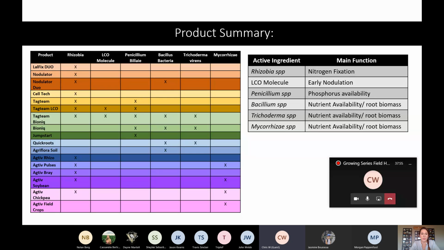Okay, thank you. Also, typically with a granular inoculant, it'll have more of the bacteria or the spore. That also depends on the product, but you'll have a lower dose on the liquid just because of the capabilities of the carrier. But I haven't seen a huge difference between them, honestly.